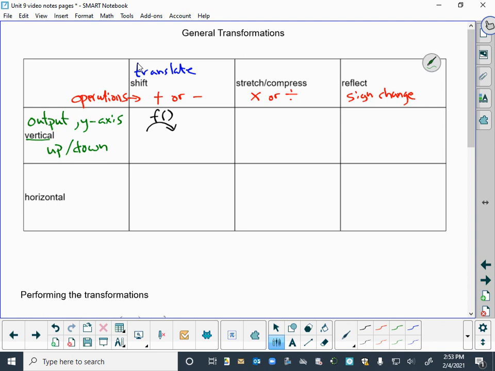That's where we store outputs. So in this box we're looking at vertical shifts. It's a shift that affects the output. And so the arrow on the black function f with the arrowhead indicates that this right side of it is where the output is, and we are making a modification to the output.